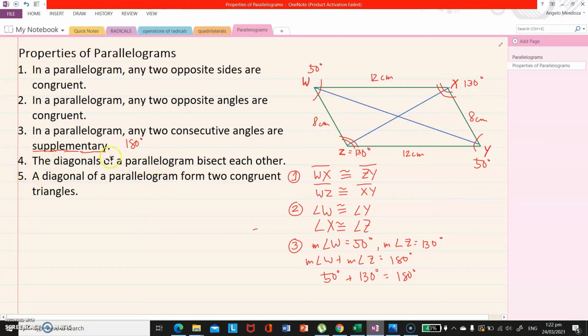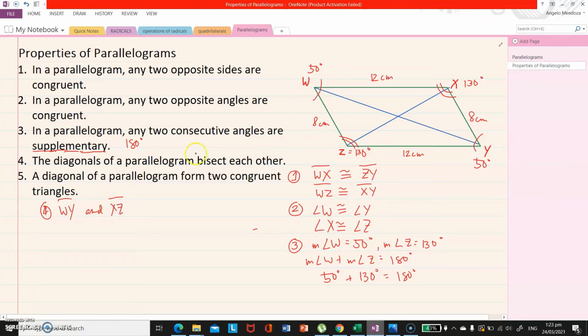Next, number 4, the diagonals of a parallelogram bisect each other. Dito natin lagay number 4. So, kunin muna natin yung diagonals dito. So, we have line segment WY and line segment XZ.